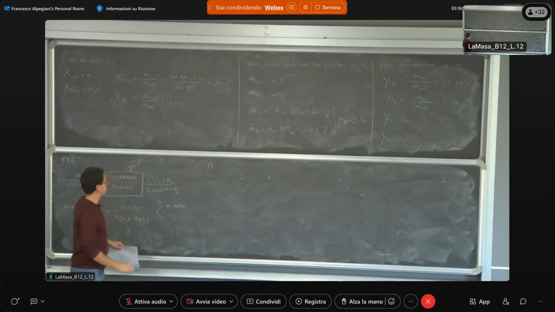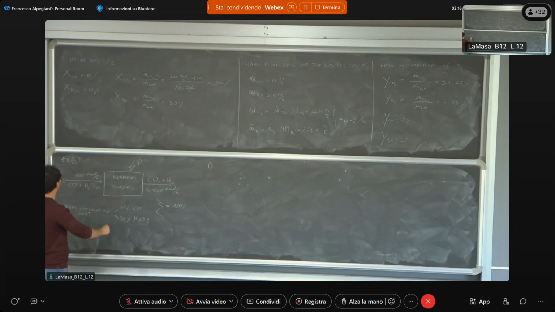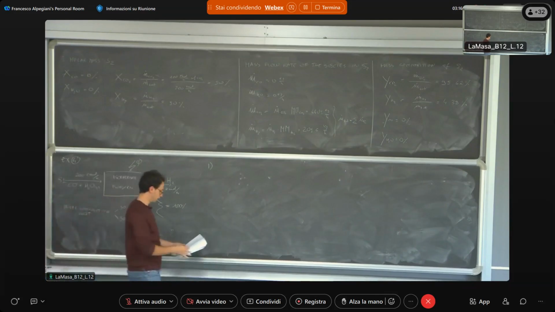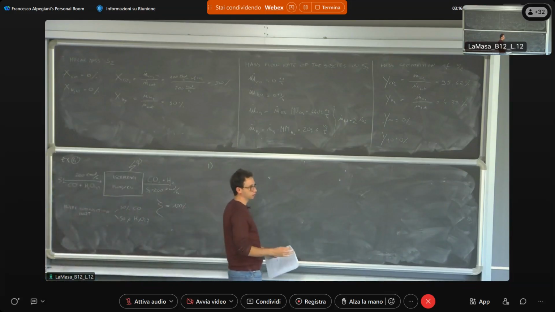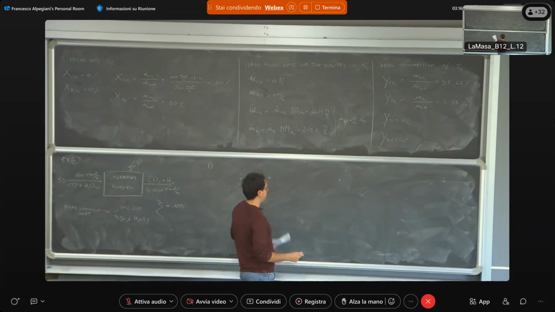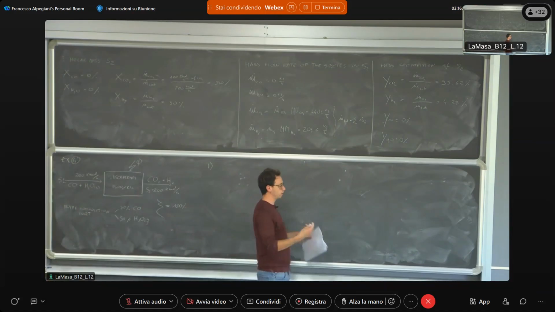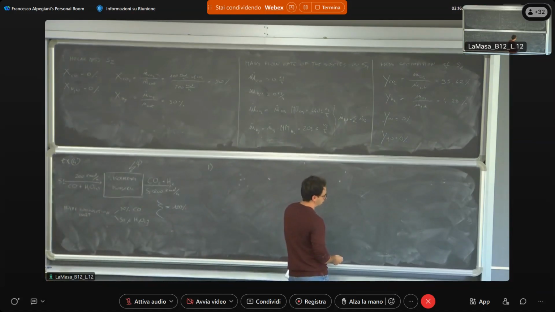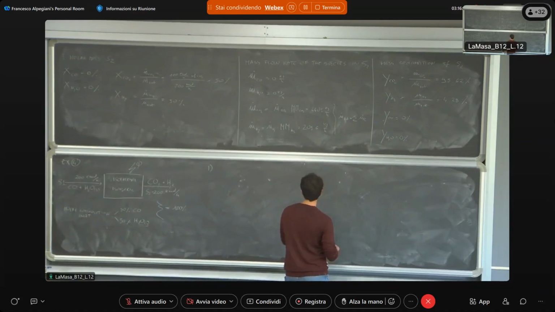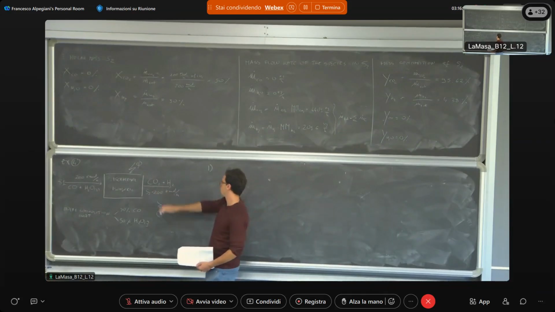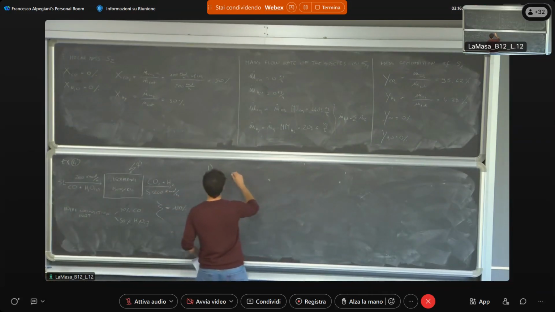Since we are considering, as you have seen also during the lecture, an ideal mixture of ideal gas, we can use the sum of the power of the species entering plus this heat and pose them equal to the power related to the sum of the species exiting. So it's simpler to write it.